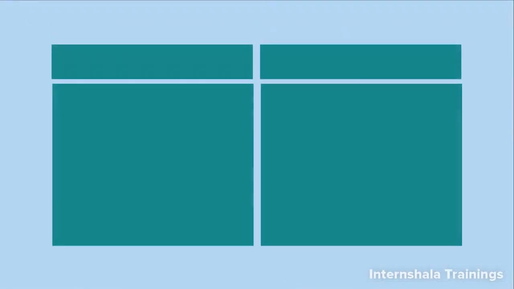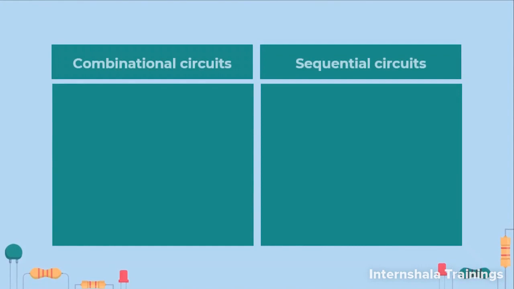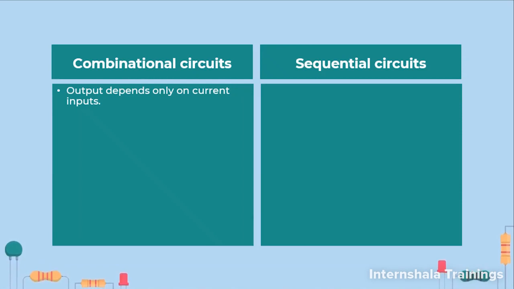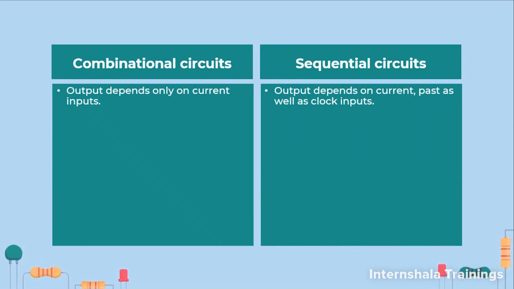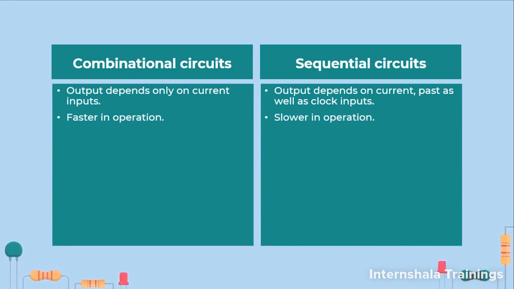So if we compare these two types of circuits, then we can see that in combinational circuits, the output depends only on the current values of inputs, whereas in sequential, the output depends on the current as well as the past values. Combinational circuits are faster in operation. Sequential circuits obviously are a little slower because they need to have the memory elements also.